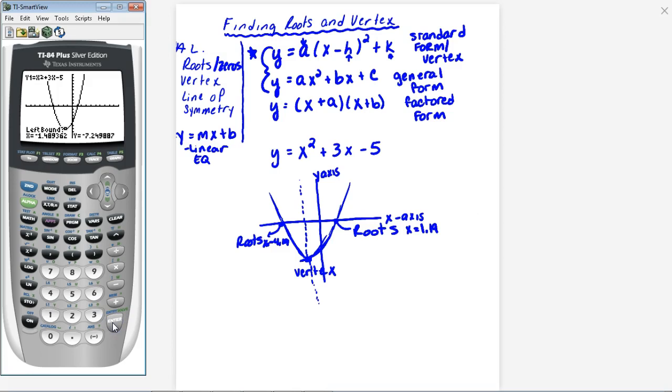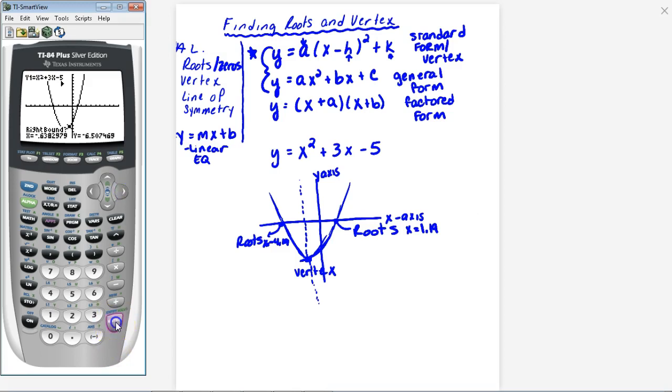I hit enter. If you're not keeping up, just pause. But I would really love for you guys to actually be entering this stuff into your calculator so that you know how to use it, okay? So left bound means to the left of where I want to be. I'm going to hit enter, making sure I'm to the left of the minimum point. Then right bound, I want to make sure I'm to the right of the minimum point.